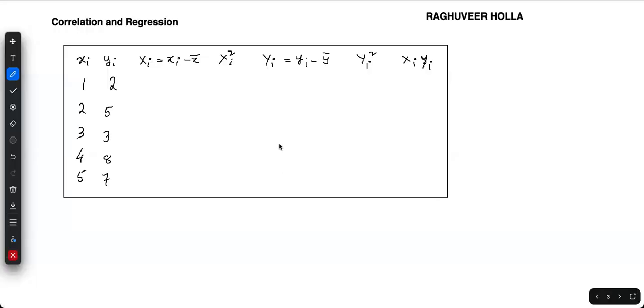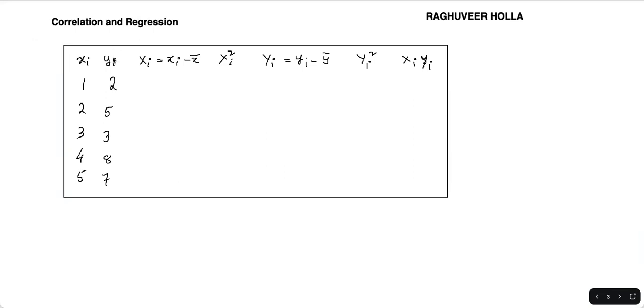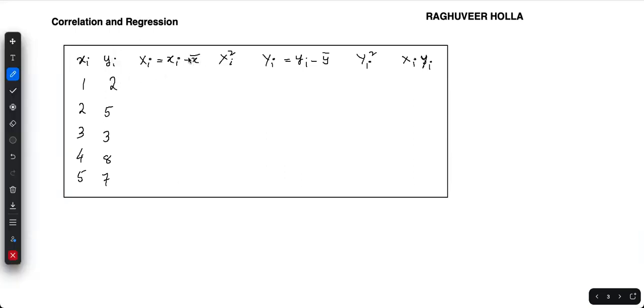So the required table is this. So you will be finding what is xi here. Capital Xi, which is xi minus x bar, which is 3, and capital Yi is yi minus 5.